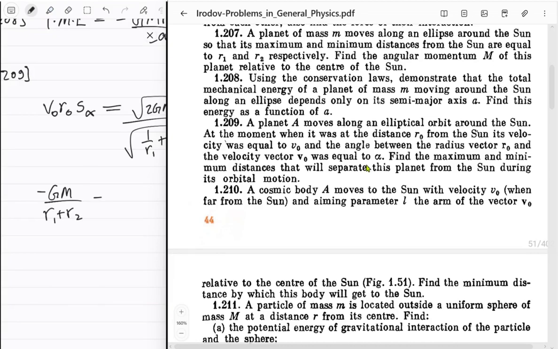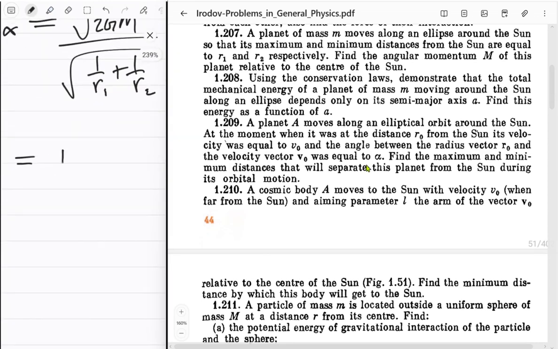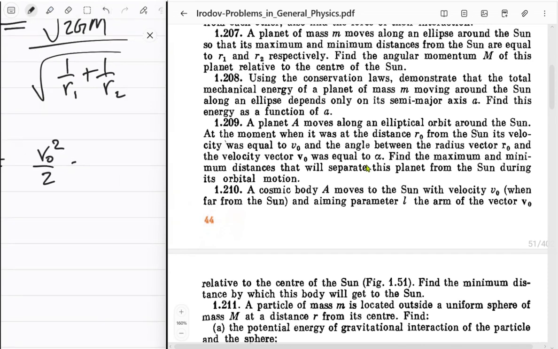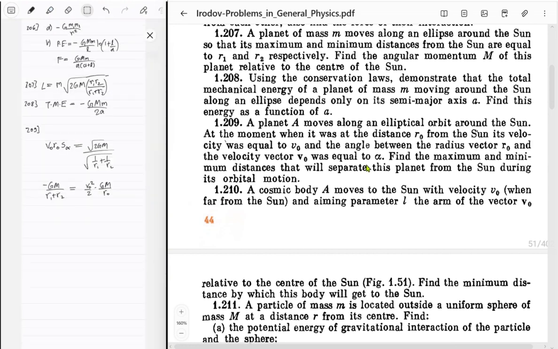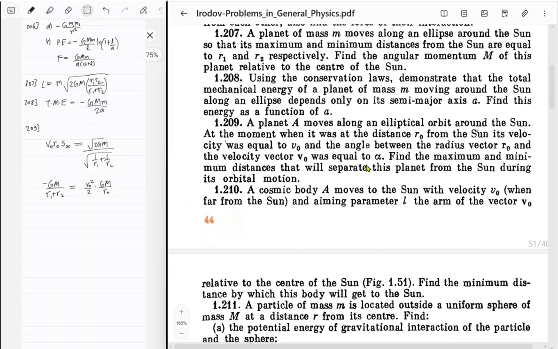That is equal to the total mechanical energy, which is half m v naught squared, so m is gone, just v naught squared upon 2 minus GM upon r naught, right? So once you know these, you're good to go. Using these, we want to figure out what r1 and r2 are. It's kind of a hard thing to do.